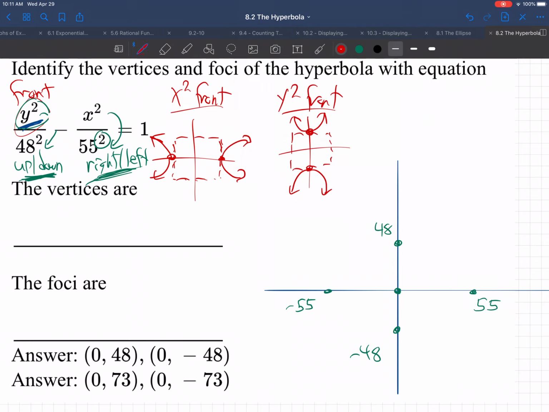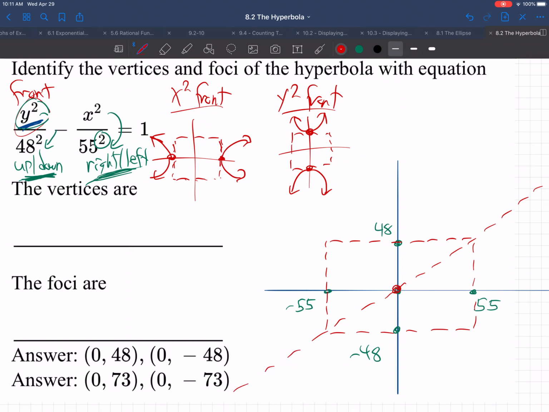Let me put it in there. So that tells us how to make the box. Just like if this was an ellipse, that would tell us where to make the oval, right? Same thing. Hyperbola is very similar to ellipse. Okay, so I make that, and then you start from the middle and you shoot through the four corners, the asymptote lines.